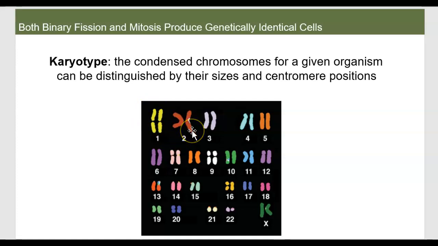It's the same thing for chromosome 2, 3, 4, 5, etc. You can see that they vary in size and shape. So that's kind of significant. It also helps us to figure out which ones are the pair that fit together.